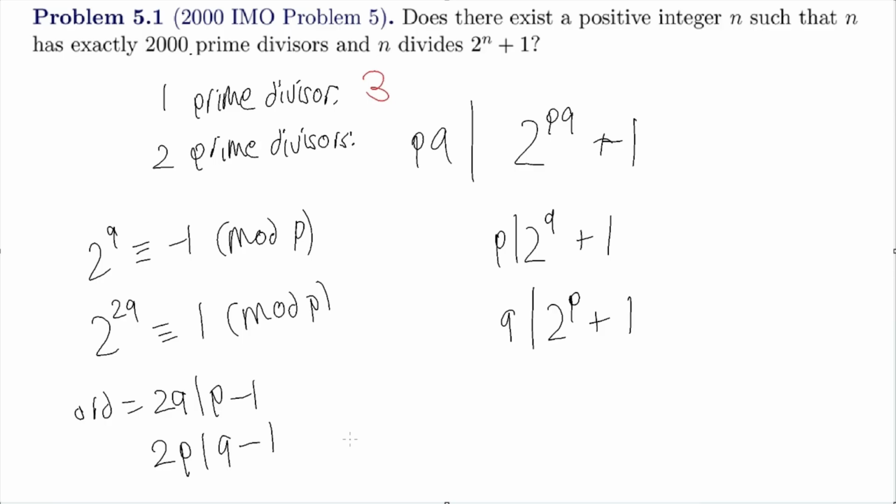And indeed we do, because this means 2q is less than or equal to p minus 1, and this is less than or equal to like 2p minus 1, which is less than or equal to q minus 2. And we know that's just not going to work at all. So therefore, p times q doesn't seem to work. What on earth is going on?